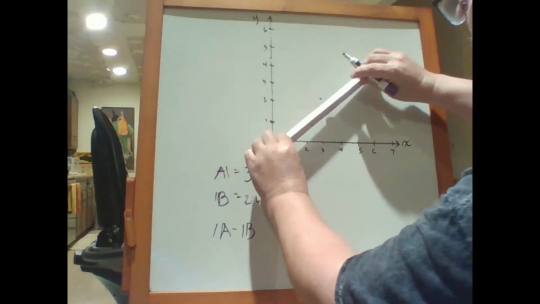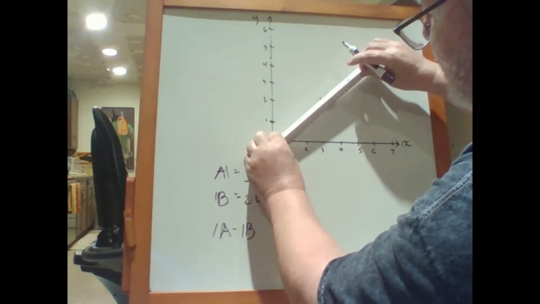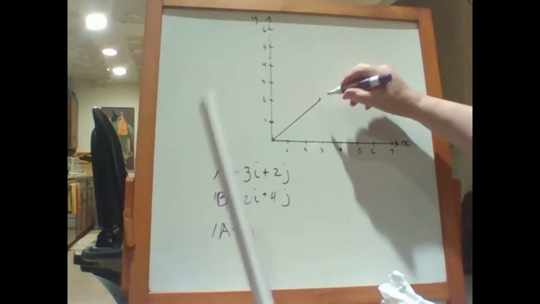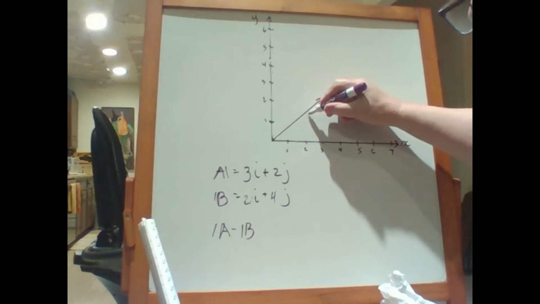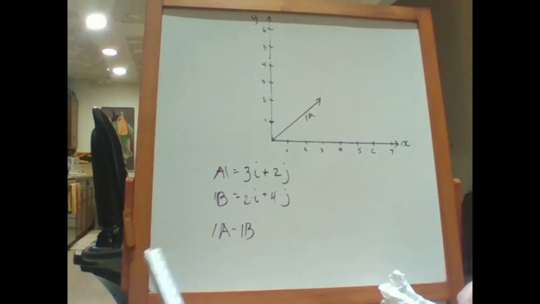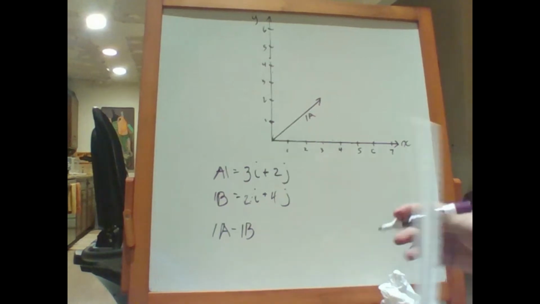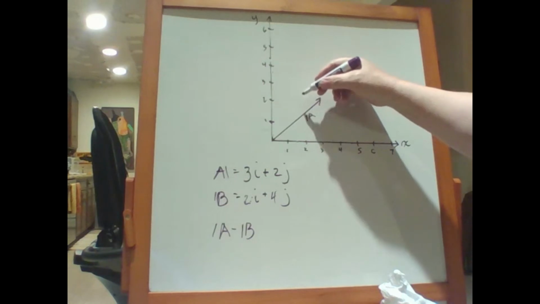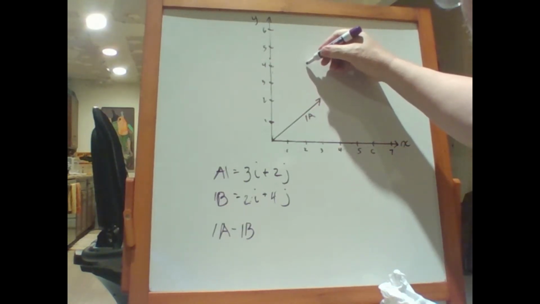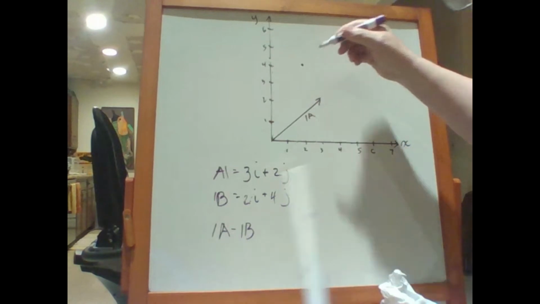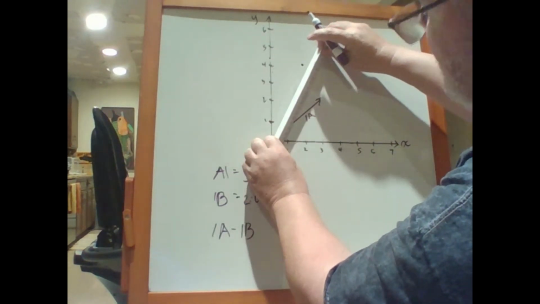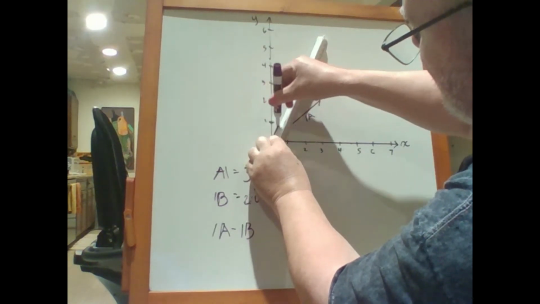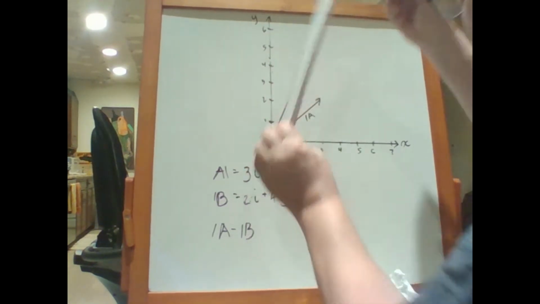So we've got our A, and B is 2I plus 4J. So 2I and 1, 2, 3, 4. It would be somewhere around there. Again, we're just doing this kind of crudely, and we draw our vector line up there.